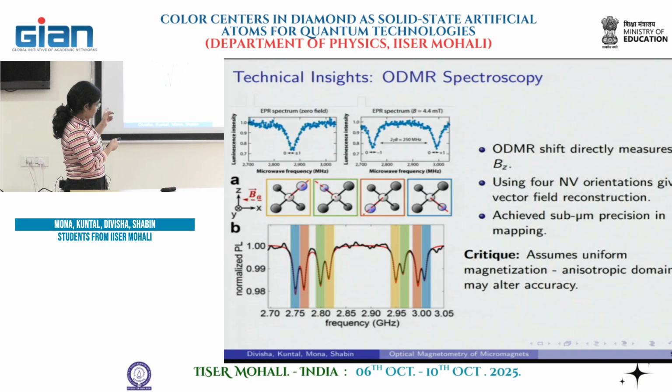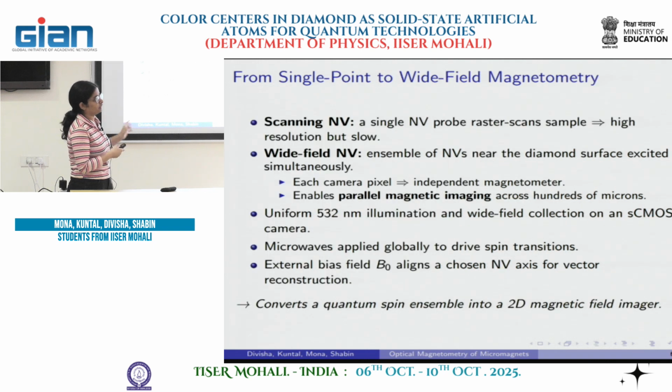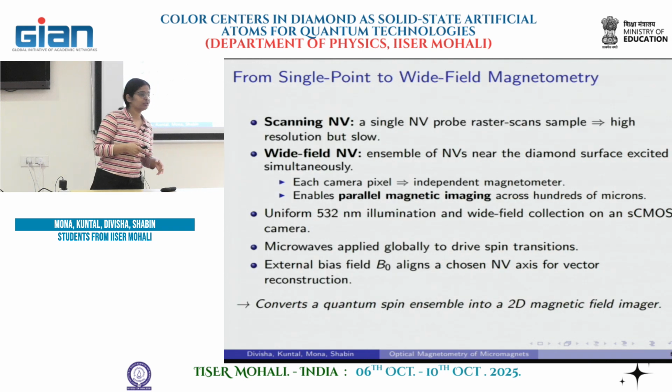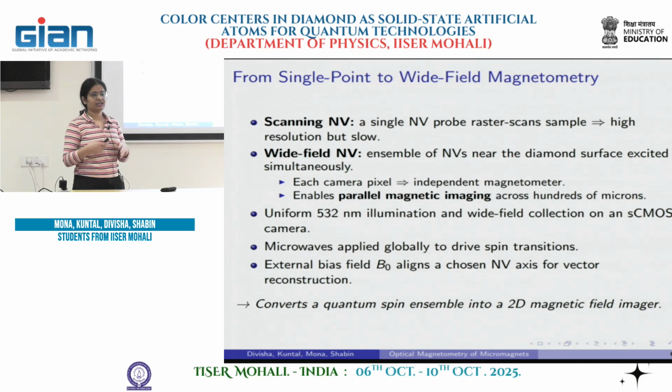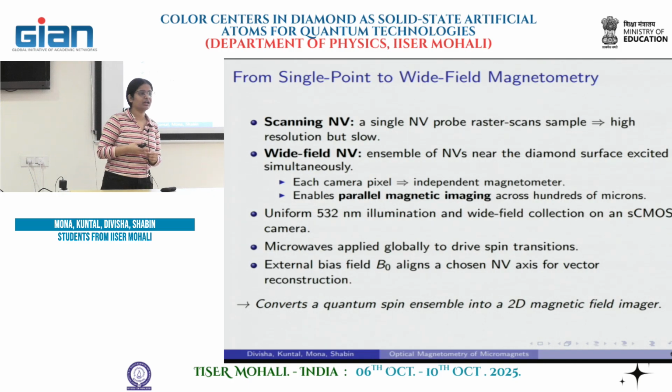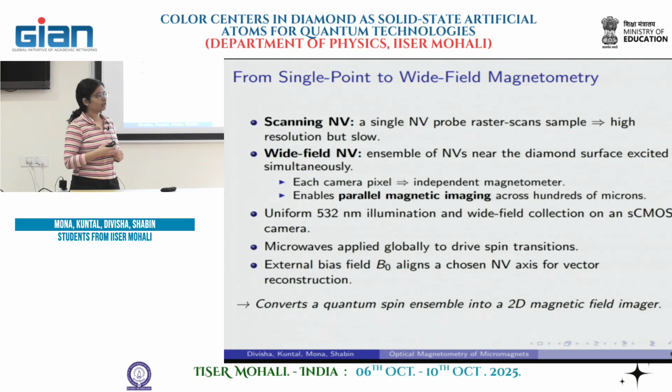Now this I said only for the case of one NV magnetometry. Actually we are using it so that we can expose a large fraction of area in a single shot experiment. That will give us the benefit of higher resolution, because the signal to noise ratio here goes by the square root of n.